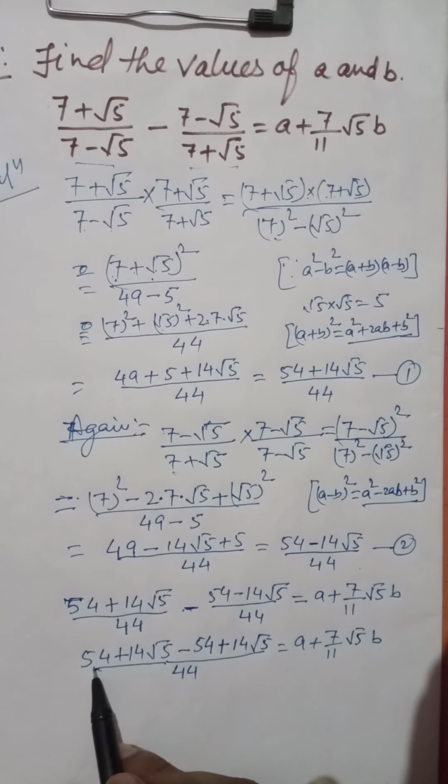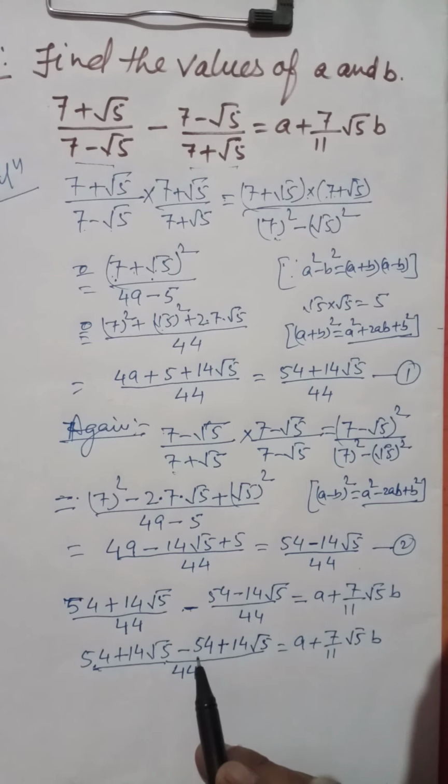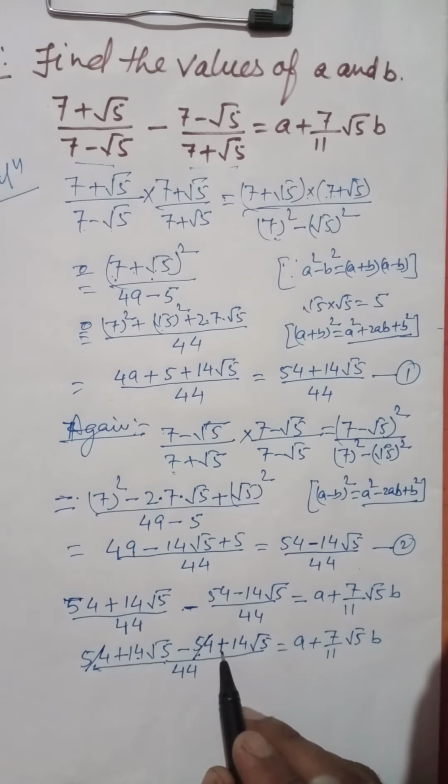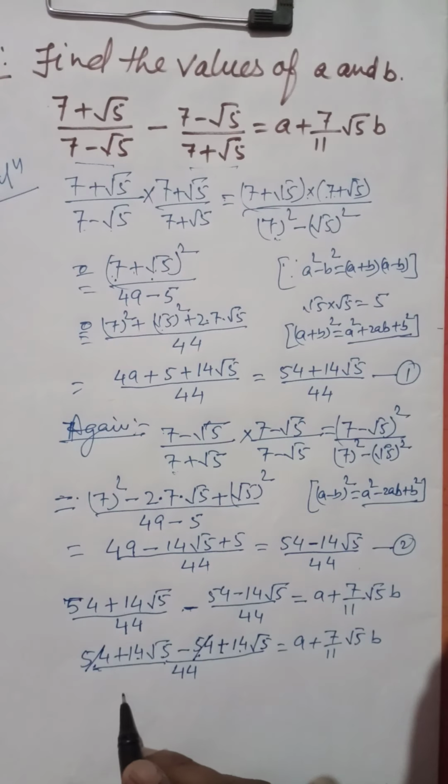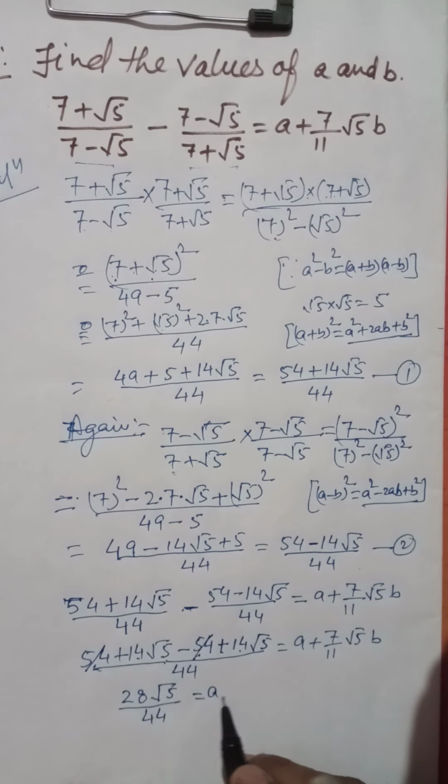Now see here, 54 is positive and 54 is negative, so it can be cut. One is positive and one is negative, so we can cut it. Now 14 root 5 plus 14 root 5 becomes 28 root 5 upon 44, which equals a plus 7 upon 11 root 5 b.